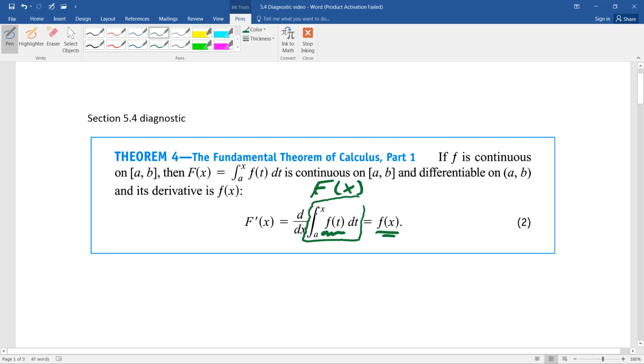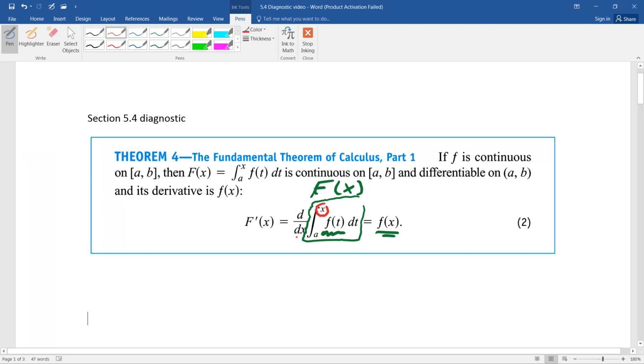So the variable is the upper limit of integration. t is not a variable. t is what we can call a dummy variable. If I take the integral of f of t dt, it has the same value, means the same thing as if we take the integral of f of z dz or f of w dw. So f of whatever d whatever means the same thing no matter what variable we use there. So the t really doesn't matter. The variable is x.